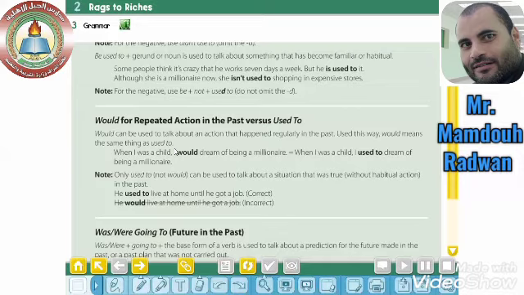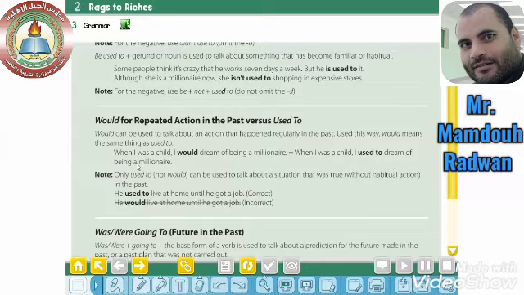So when we talk about habitual action in the past, we can use "used to" or "would." For example, you can say, when I was a child, I would dream of being a millionaire. And also I can say, when I was a child, I used to dream of being a millionaire.